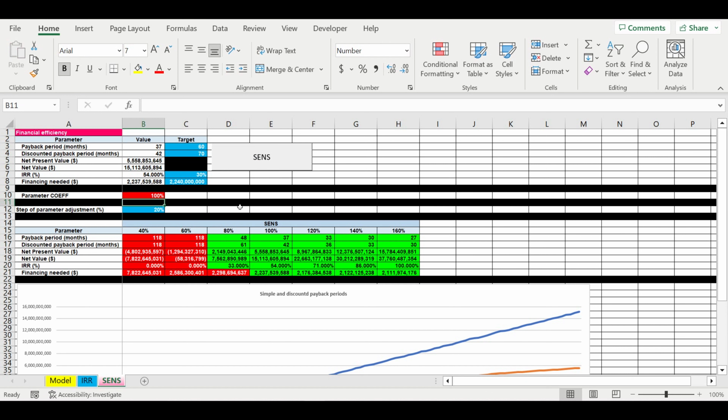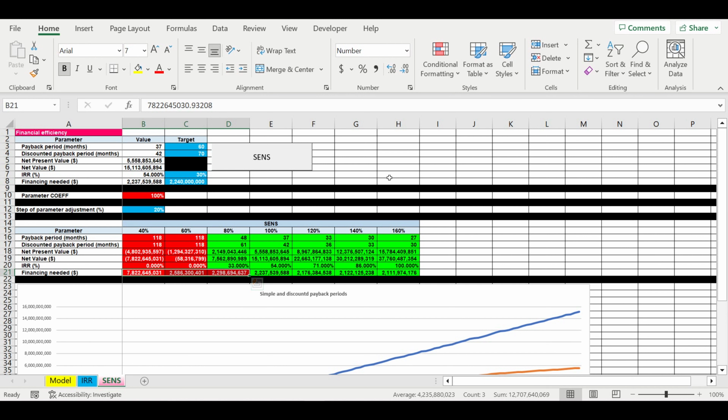So here we can see that if pricing is 60% of the basic scenario, we will go to minuses like here. And then we can set up the target values here, for example, for simple and discounted payback period, and say that if the simple and discounted payback period is more than these values, we will get a warning here, or if the amount of financing is more than we can afford, this will give us a red warning.